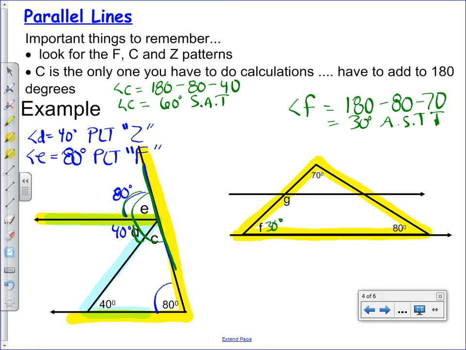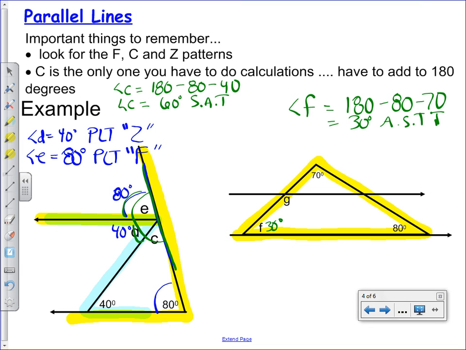Jonathan? Well, I figure out the unknown angle by doing the C pattern. You could also figure the unknown angle out by doing the C pattern for G. So for G, you do 180 minus 30.